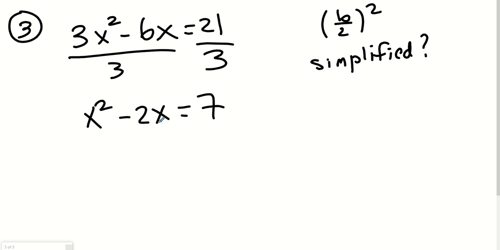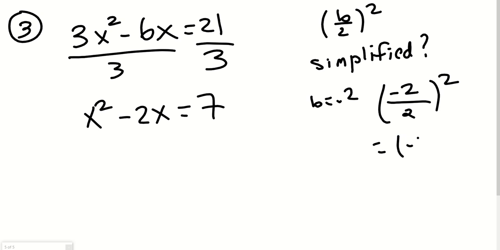So now I'm going to complete the square here. What's b here? Well, it's always going to be the term next to the x. Not x squared, x. So b here is negative 2. So we're going to have negative 2 divided by 2, and then square it. Okay, so now we have negative 1 squared.